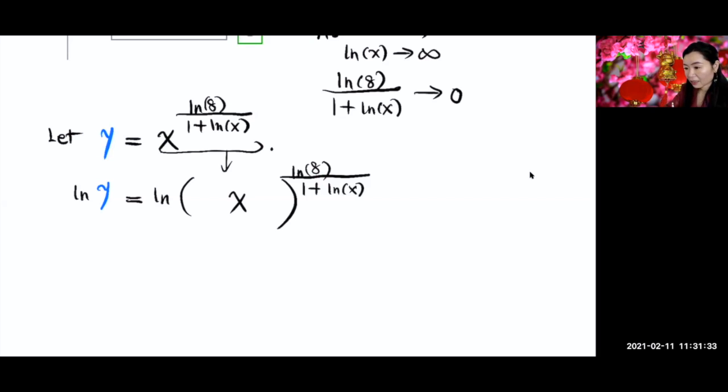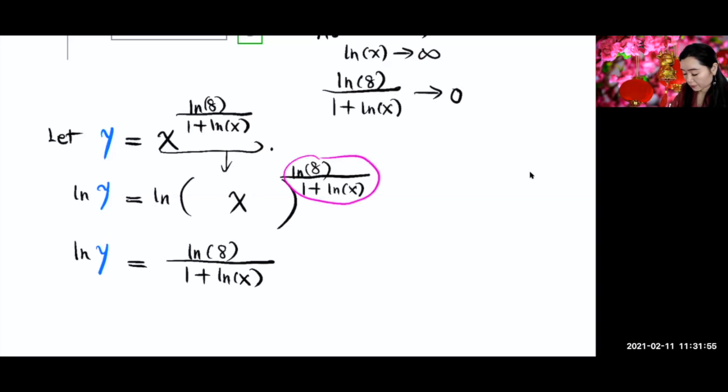So this becomes ln of y equals ln of 8 over 1 plus ln of x, times ln of x. You see that this drops to the front, and now you have this ln of x right here.